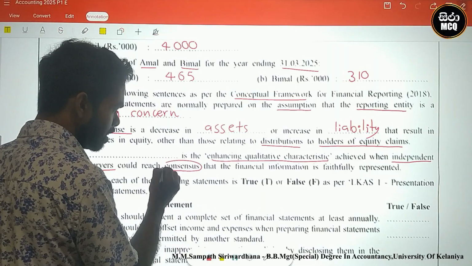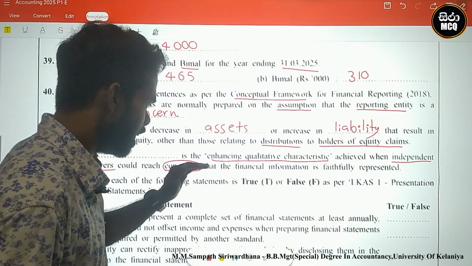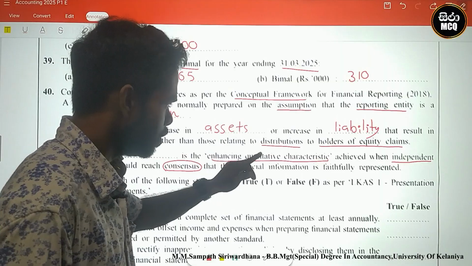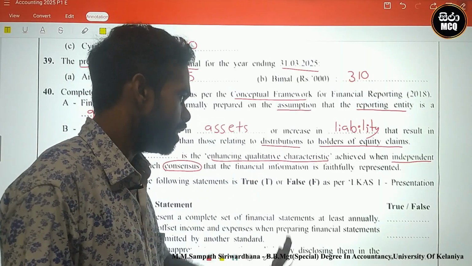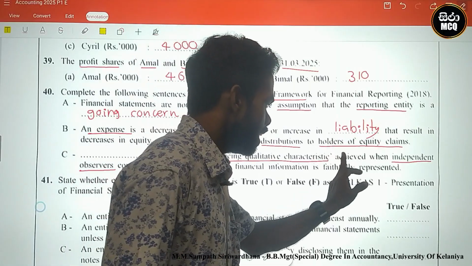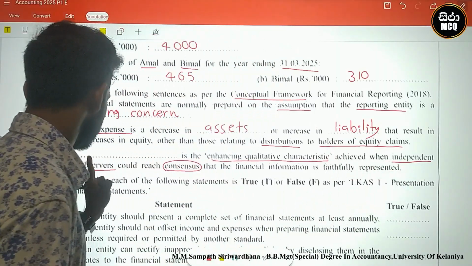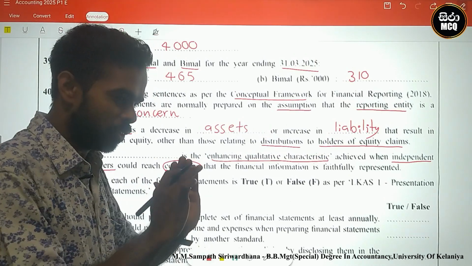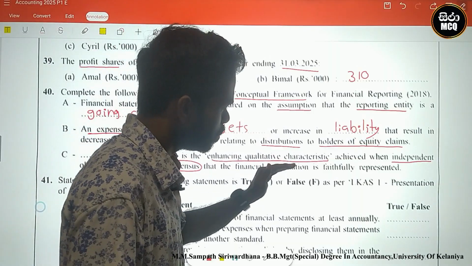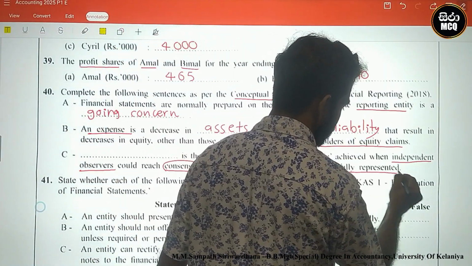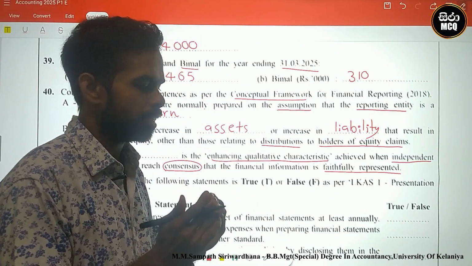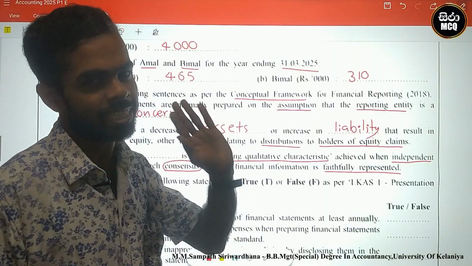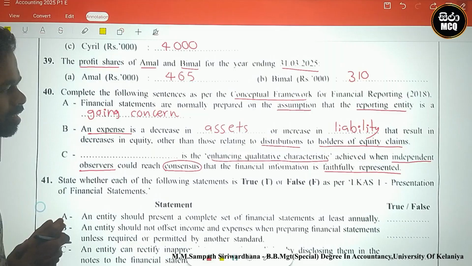Consensus means they commonly agreed that financial information is faithfully presented. Faithfully presented means the information in the financial statements is the best, the auditor says. Okay, what is the qualitative characteristic?